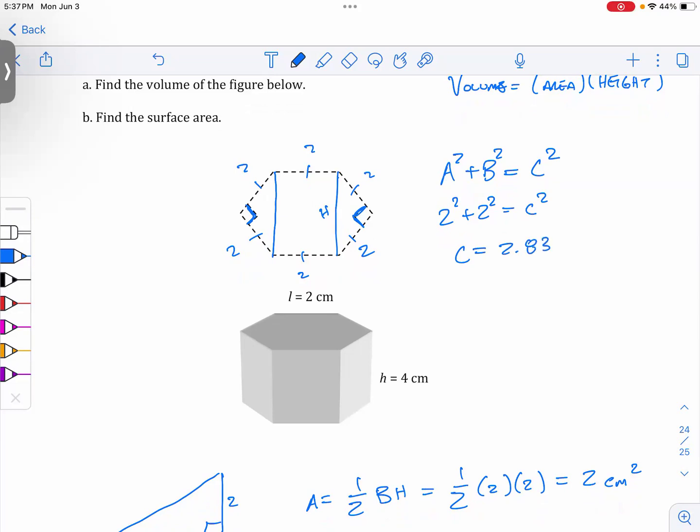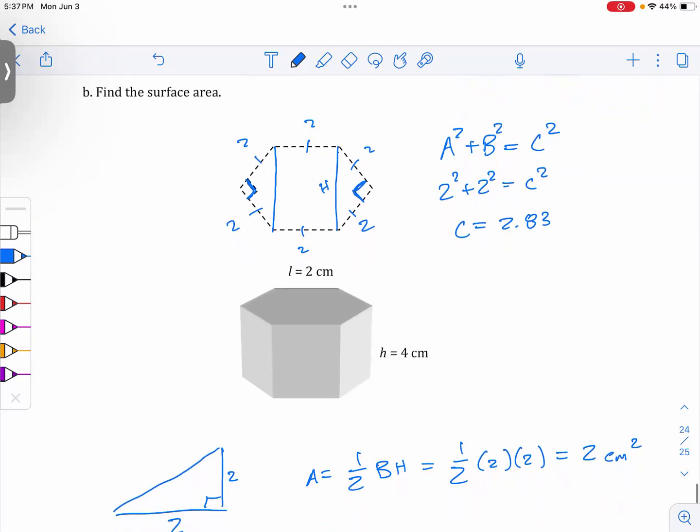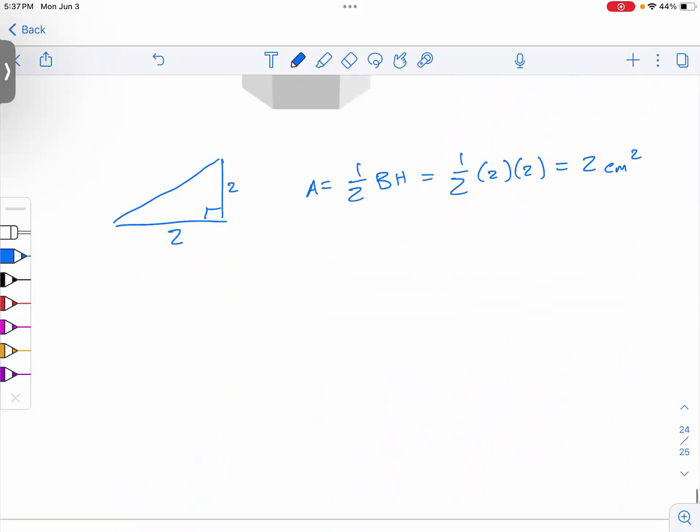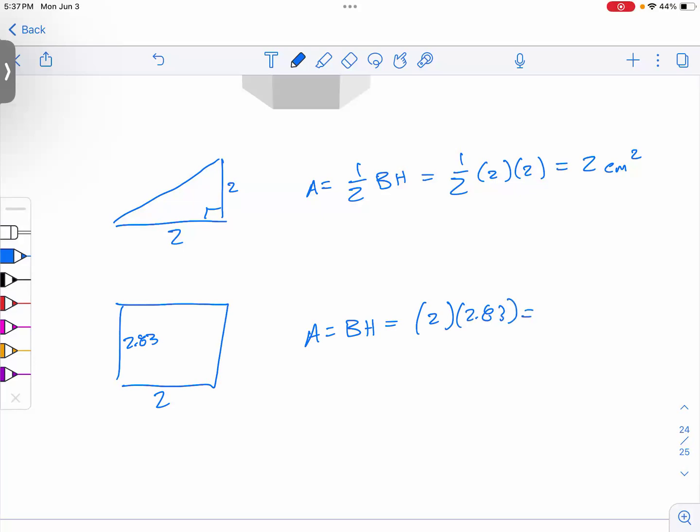So 2 squared is 4 plus 4, the square root of 4 plus 4 is the square root of 8, which gives us 2.83. Now I have the area of the rectangle, which gives us 5.66 centimeters squared.